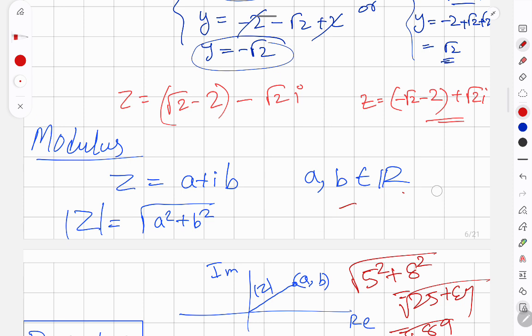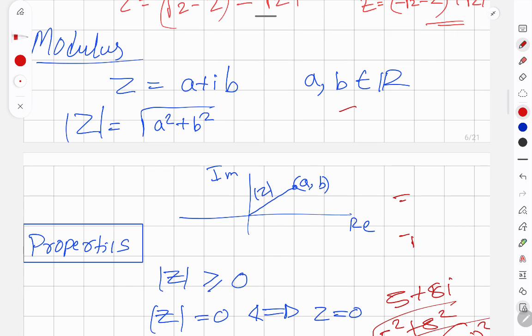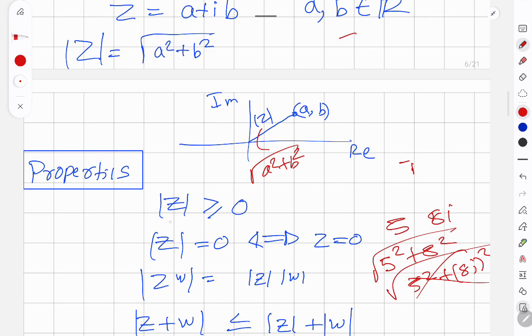The graphical meaning of the modulus of a complex number is the distance from 0. So it is the square root of a squared plus b squared, and as you know, distance is always positive, so it must be greater than or equal to 0.